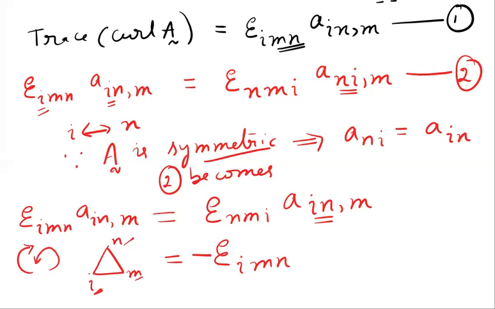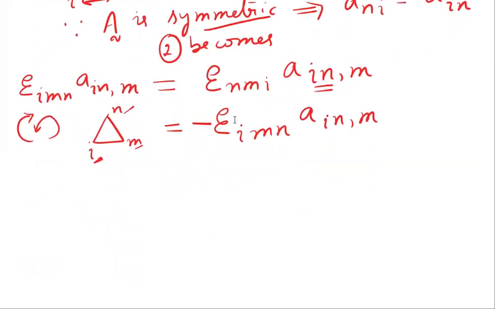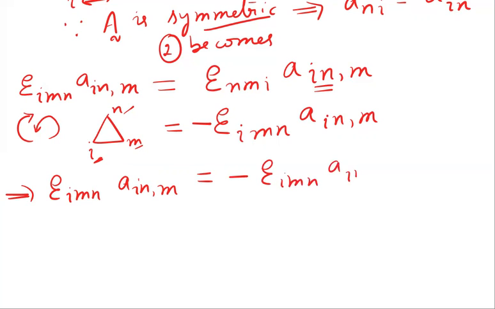So minus epsilon_imn, the remaining as it is, A_in,m. Correct. So what is our LHS now? I'm rewriting it: we have LHS epsilon_imn A_in,m equal to the final RHS, minus epsilon_imn A_in,m.